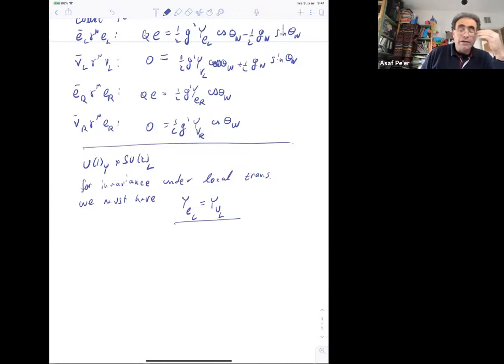And now we can express the weak hypercharge of each fermion as a linear combination of the electromagnetic charge Q and the third component of the weak isospin.